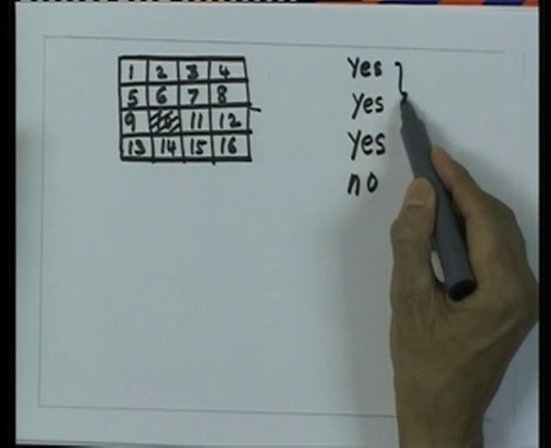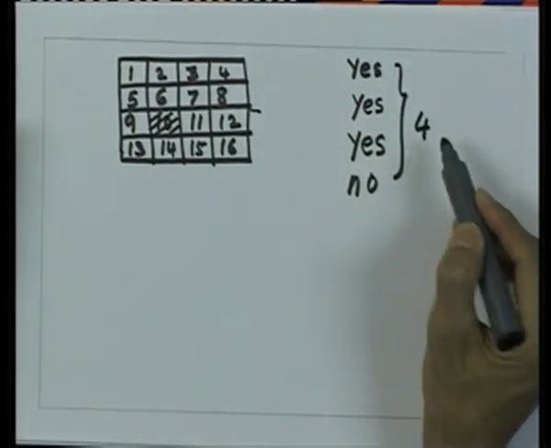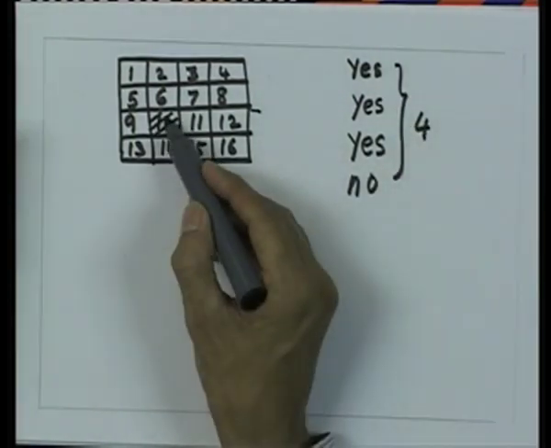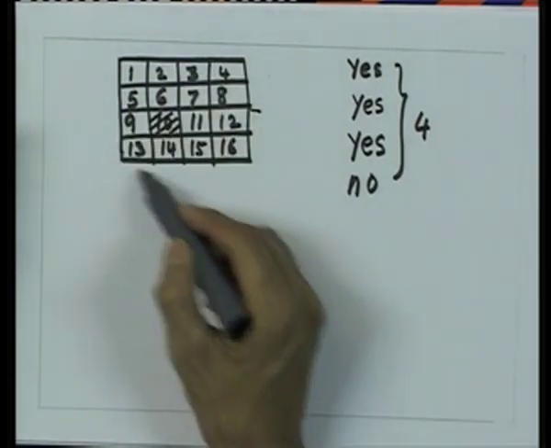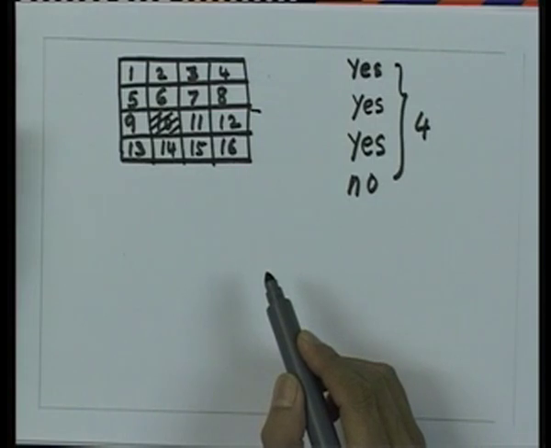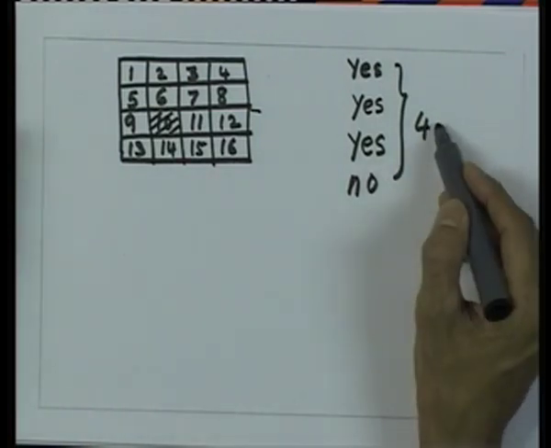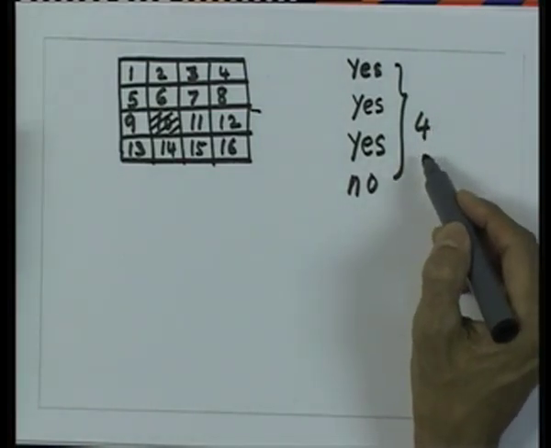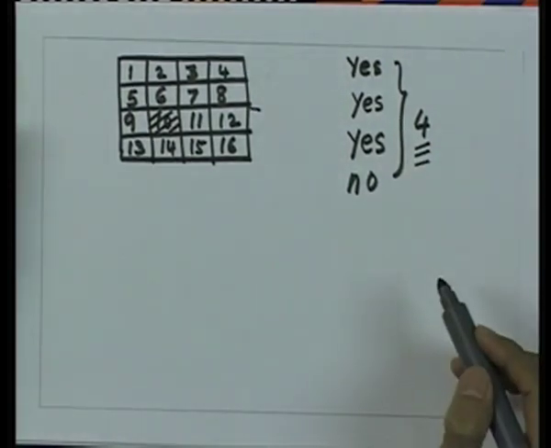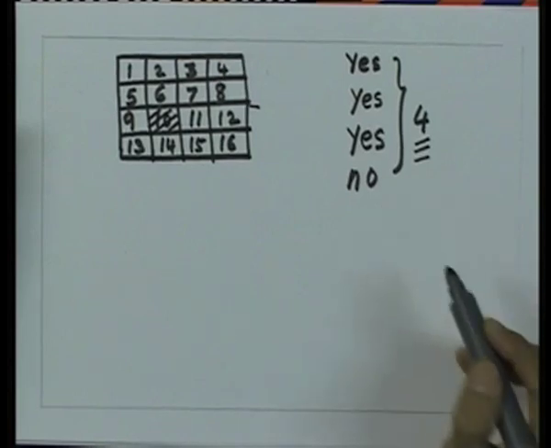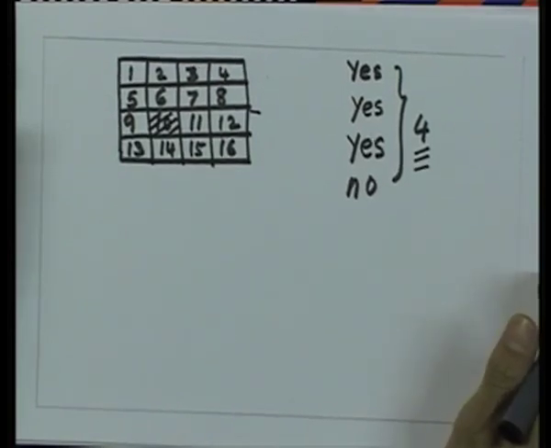So, I required 4 questions to be asked before I could find out which grid was actually marked in this graphical picture. Is it possible for me to relate this minimum number of questions to the concept of entropy which we have just seen?